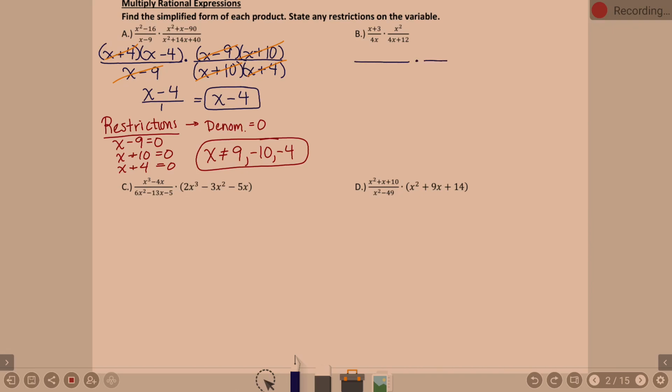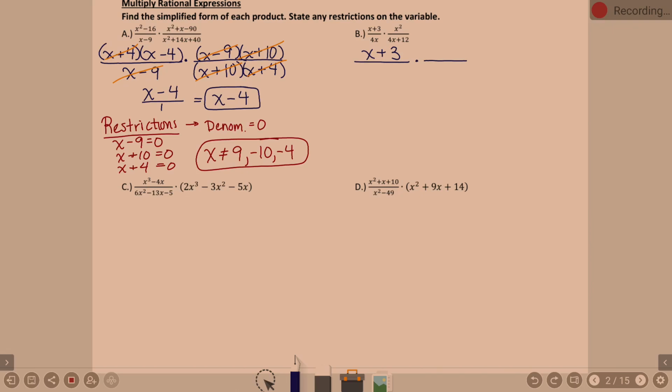Okay, x plus 3. X times 3. There's not even a GCF, folks. It's 1x to the first. The only possibility is a GCF, and there's not one. 4x is a single term. It's not going to factor anything. What I will remind you, 4x is the same as saying 4 times x.